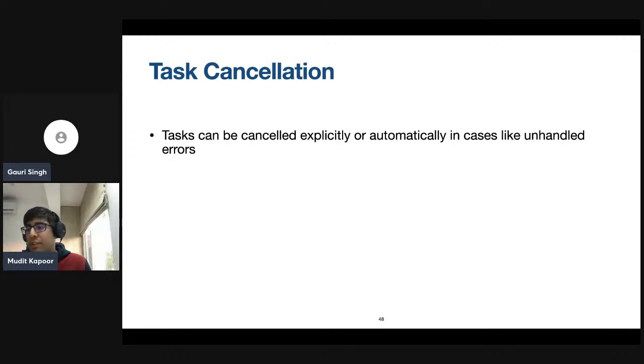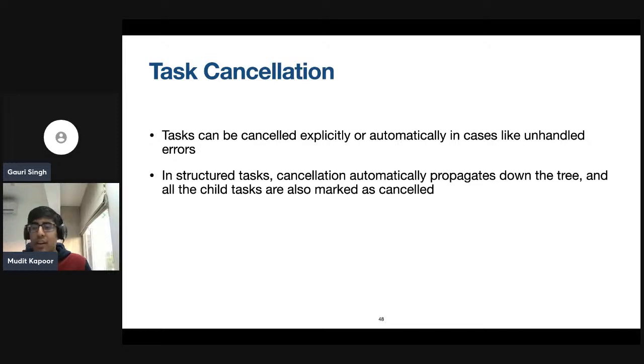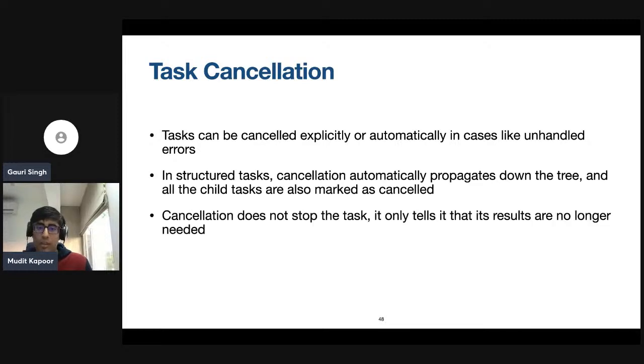But the thing is, even though the tasks are marked as cancelled, the tasks do not stop running. It will still run to completion, or you can check to make sure that you don't do any extra work when you're cancelled. But it's a cooperative cancellation.